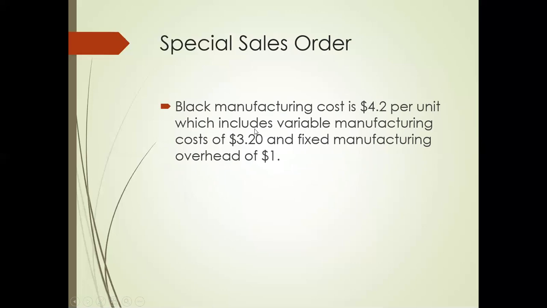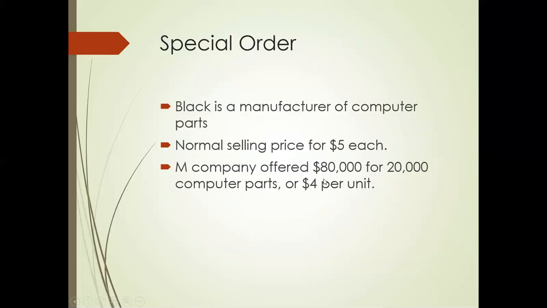It includes variable manufacturing cost of 3.2 and fixed manufacturing overhead of 1. So the sum of these two is 4.2. So Black has in his mind that the manufacturing cost is 4.2. So again, see, if I compare that 4.2 with 4, Black should not accept this order.